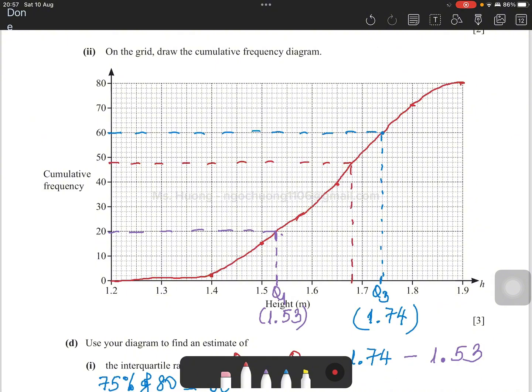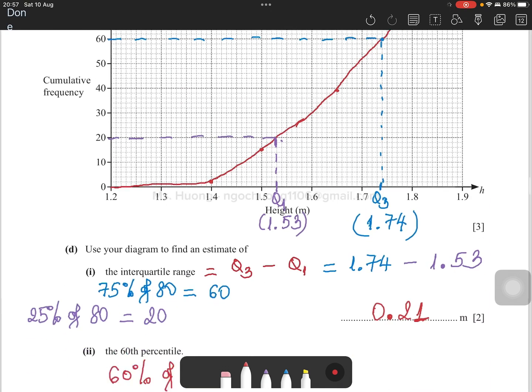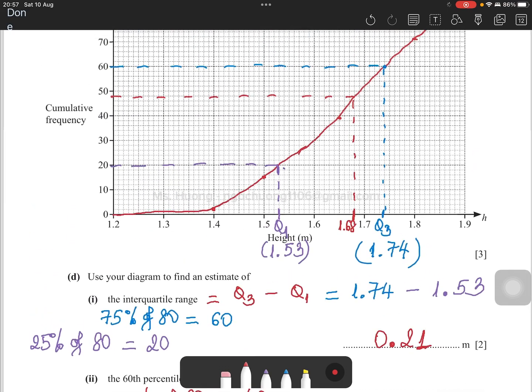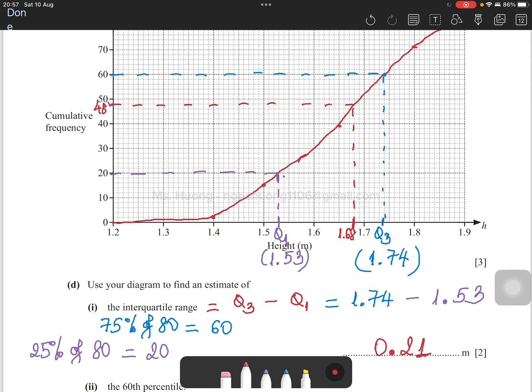So we see that the 60th percentile is 1.68. So the answer for this is 1.68. Remember, we start from 48 and we end up at 1.68.